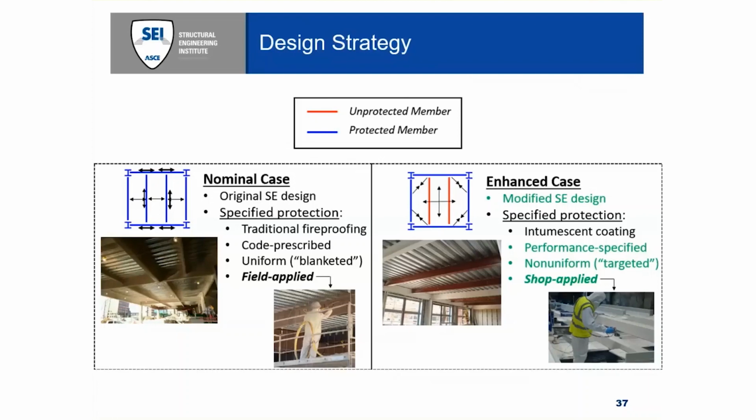We're only protecting the members that we need. And we wanted to position our design not to be a code-prescribed prescription of fireproofing, but a performance specification for fire protection that would facilitate the off-site application of protective coatings.